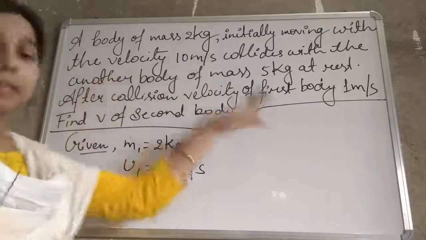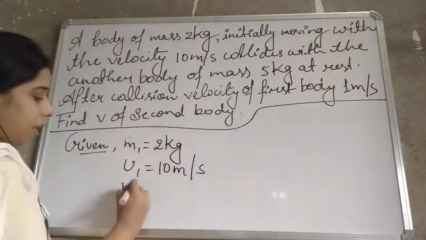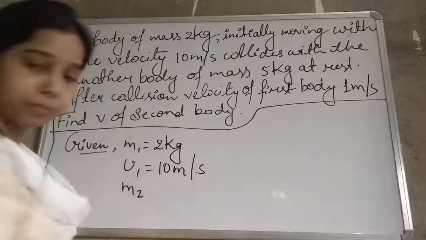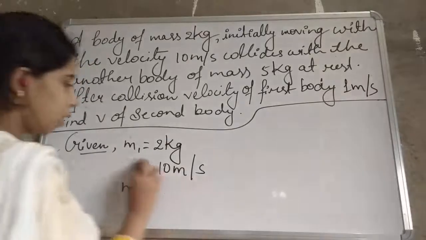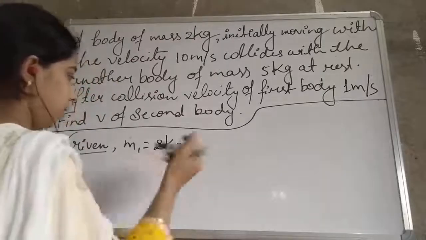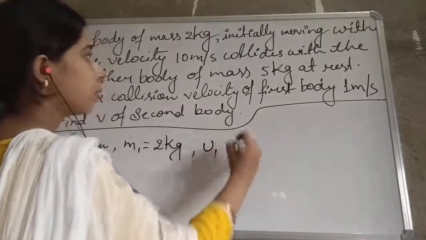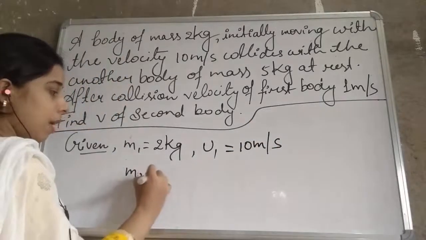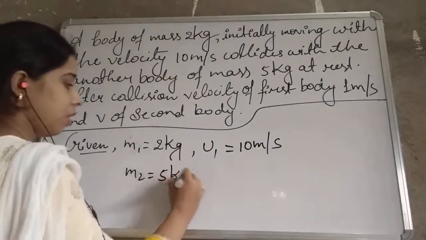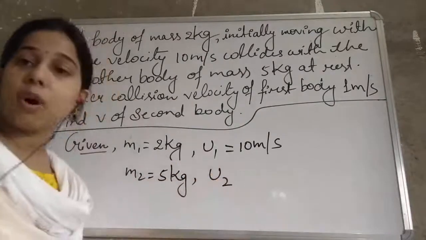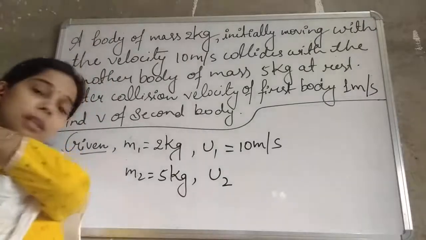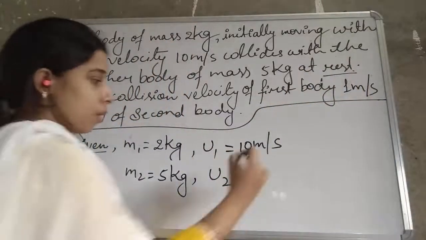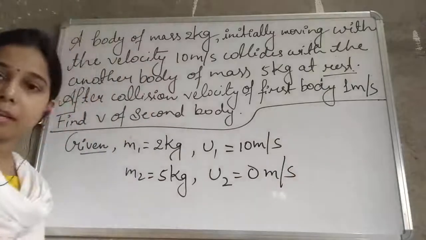Now it collides with another body. So this is m1, with u1 equal to 10 meter per second. Here it is m2, whose mass is 5 kg, and the initial velocity of the second body, u2, is equal to 0 because it is at rest, so it will be 0 meter per second.